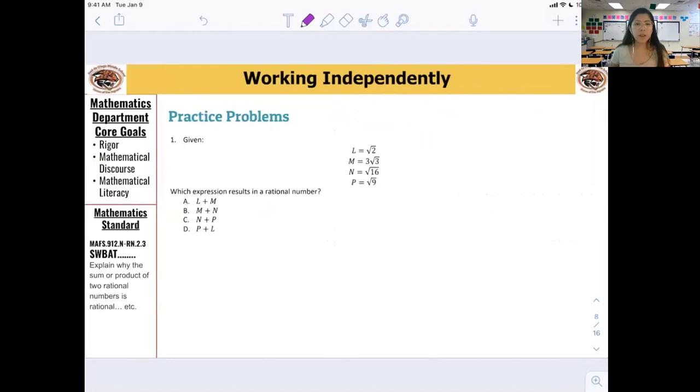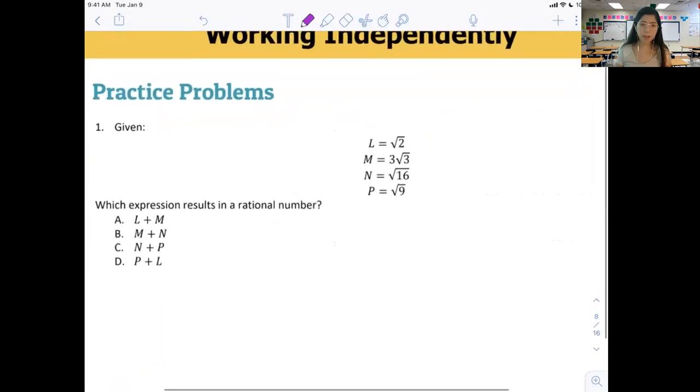It's telling you that L is the square root of 2, M is 3 times the square root of 3, N is the square root of 16, and P is the square root of 9. Before we begin, let's just assign each one. Which of these is irrational and which of these is rational?